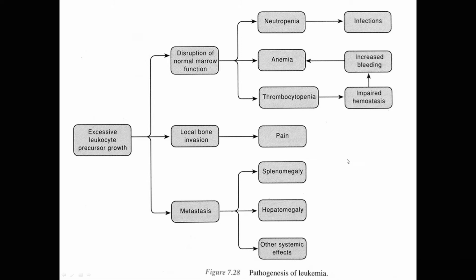The changes described till now characterize the early phase. The late phase is characterized by metastasizing and clonal progression of the blast cells. As already noted, extramedullary hematopoiesis due to metaplasia may be observed, and splenomegaly, hepatomegaly, and other systemic effects.